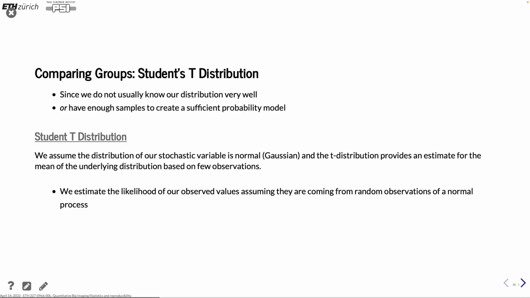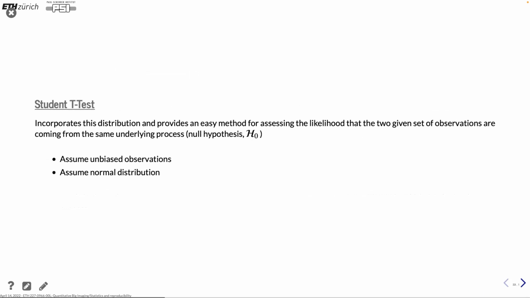And for doing this, I said before that we assume that we have a Gaussian distribution, but with few samples, that assumption doesn't really hold. The student's t-distribution is a way to model the uncertainty in our distribution. One of the parameters of this distribution is how many samples you actually use. And with that, we can make our hypothesis testing using the student t-test.